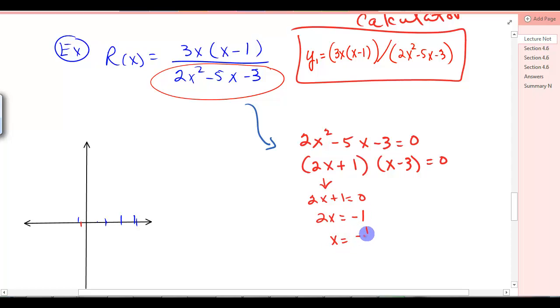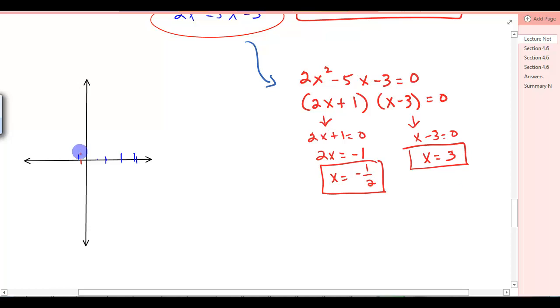X is negative 1/2. And on this one, we have x minus 3 is equal to 0. X equals 3. So we have two vertical asymptotes. So we would go over here, and at negative 1/2, we can put that in. And at x equals 3, we have one here.